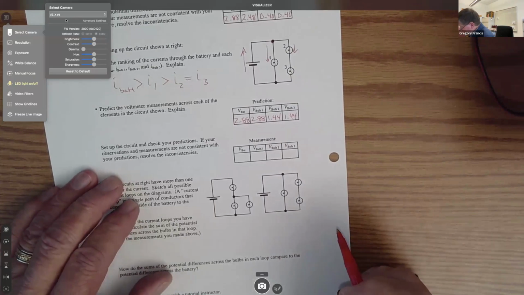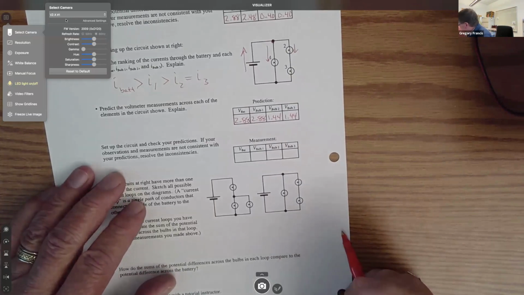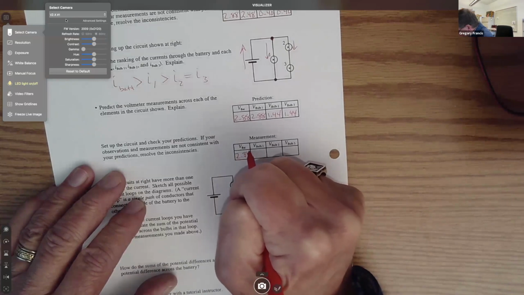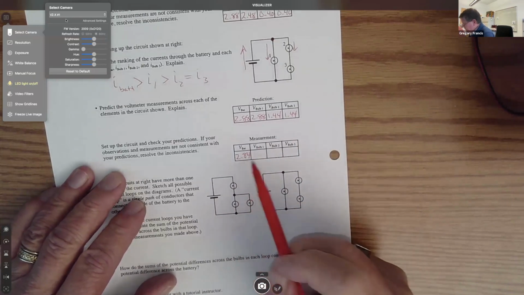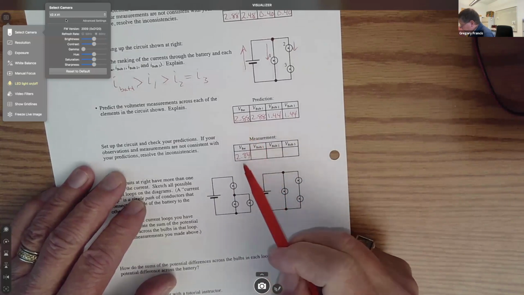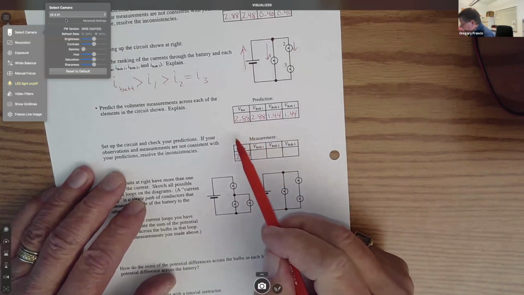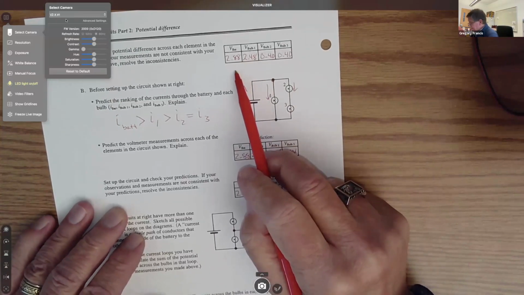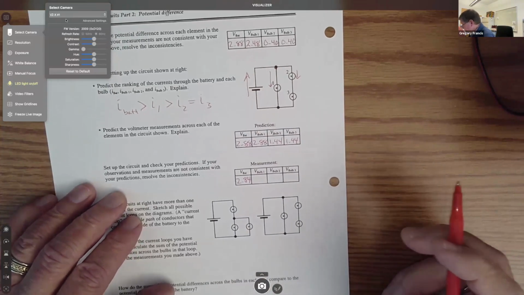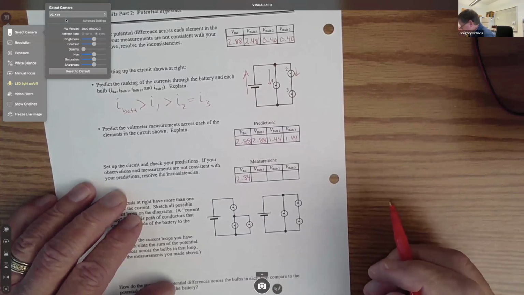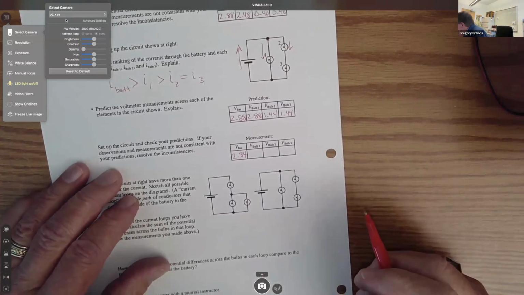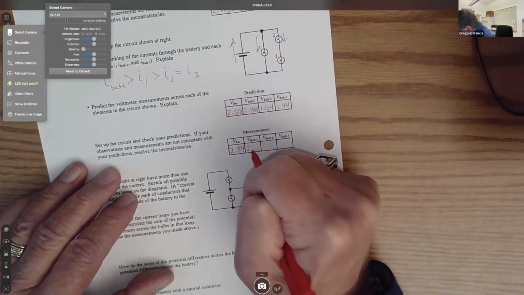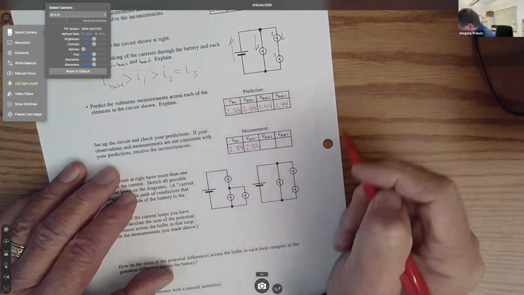Okay, we're back here. Let's check our predictions here. The battery voltage was a little bit less, 2.84. And again, that's because we're pulling more current through that battery than we were up in this exercise up here, and that's going to cause the non-ideal battery to have a little bit of trouble with that. But we found with the single bulb branch, we had 2.82, which is almost the same.